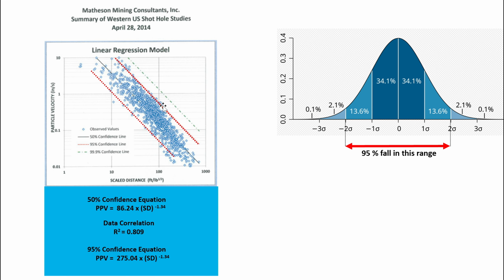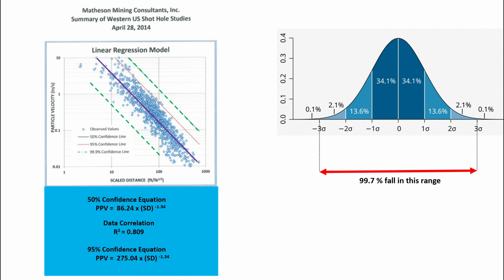So that's telling us 95% of the data will fall within these two red lines. If you want to go further afield and calculate the 99.7, which is approximately 3 standard deviations, all the data will fall in here, bounded by the two green lines on either side of the average trend line.